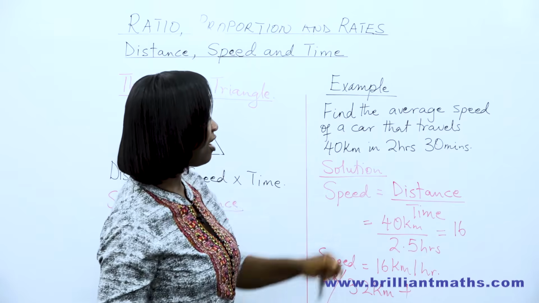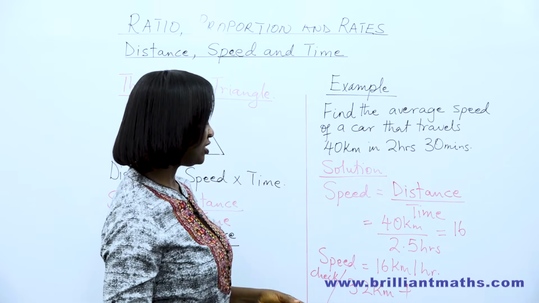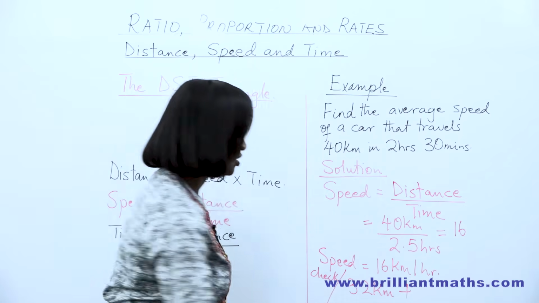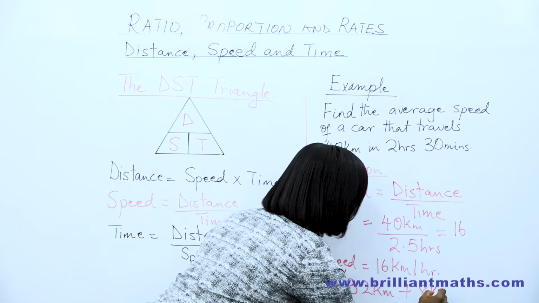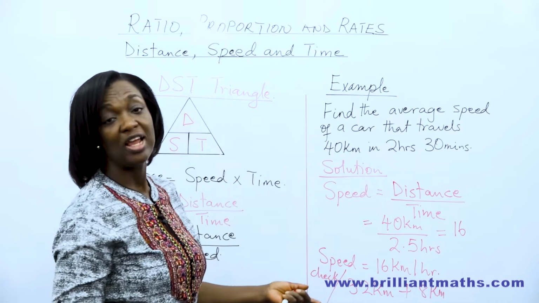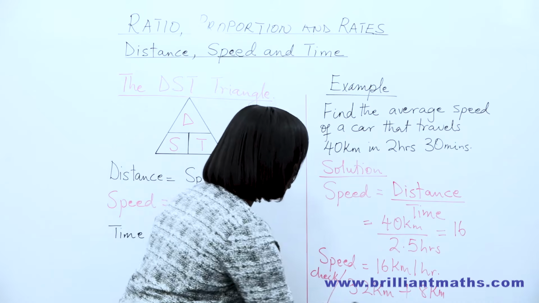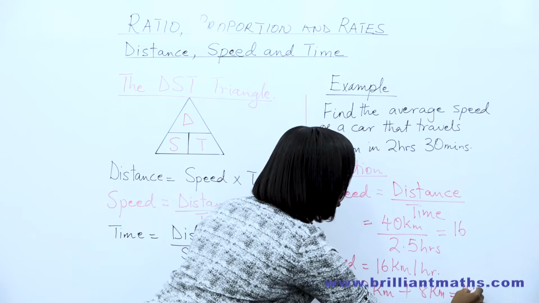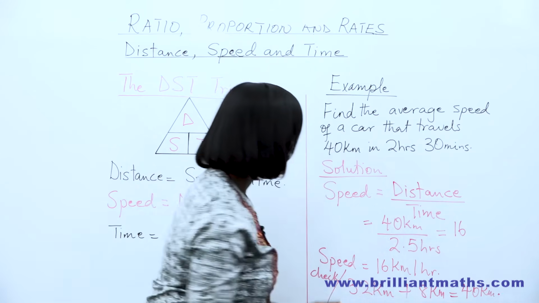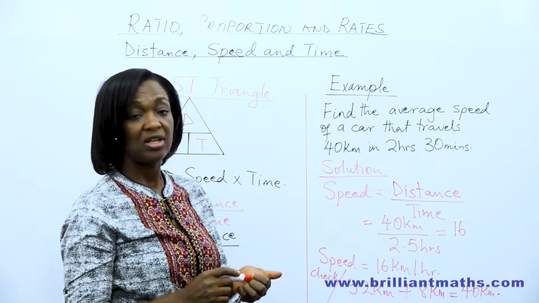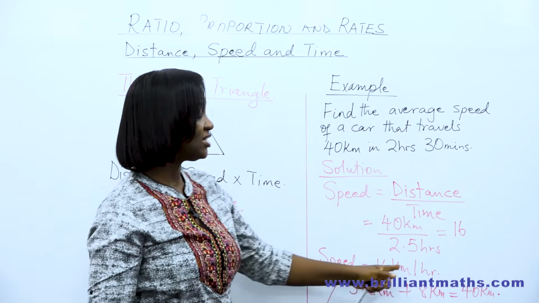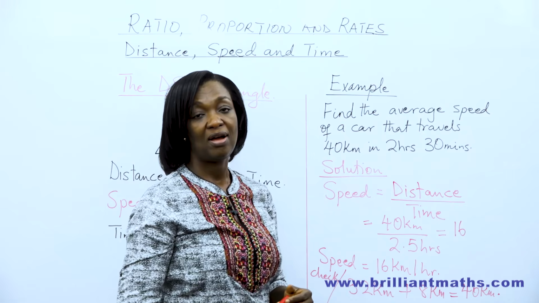And then in half an hour, which is 30 minutes, it will travel 8 kilometers. So in 2.5 hours, it actually travels 40 kilometers. So our speed is correct. The speed of the car is 16 kilometers per hour.